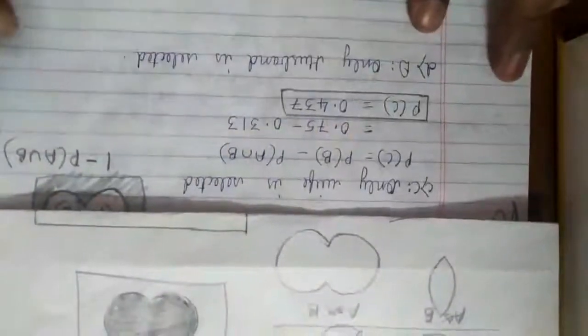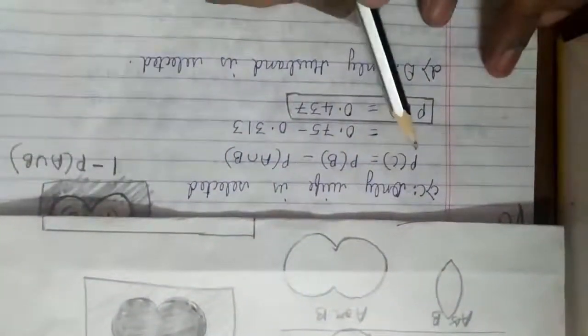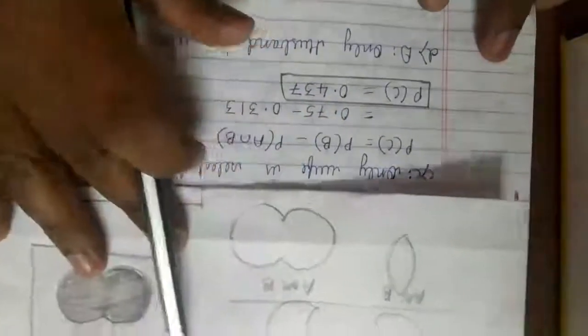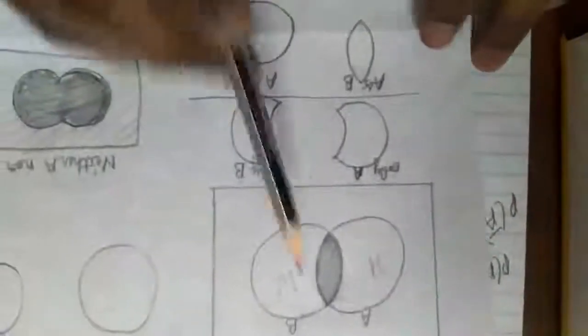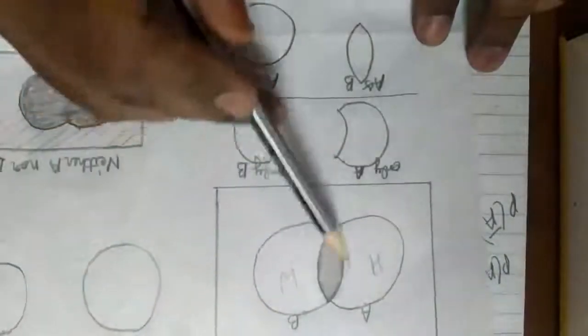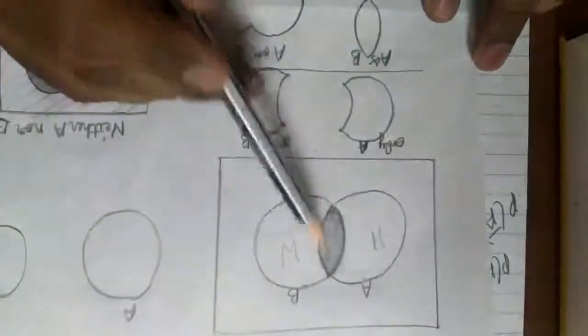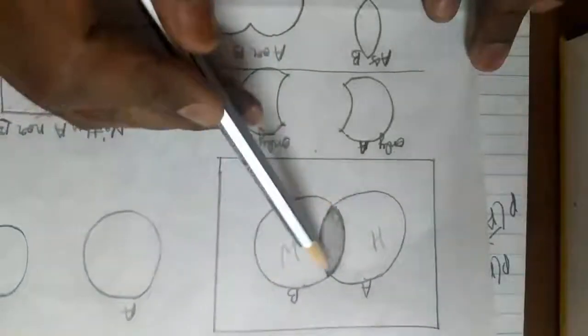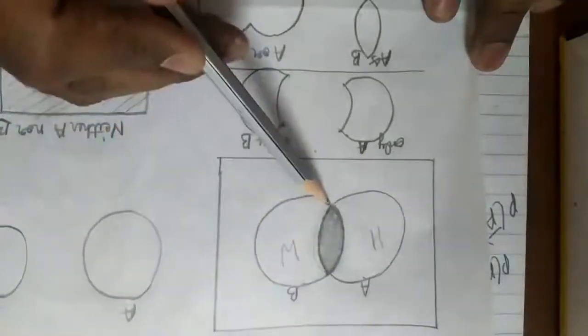Now the third question comes like this. Only wife is selected. Probability of C is equals to only wife is selected. See, only wife is selected means this represents wife is selected. Both are selected. So from wife is selected, that is probability of B, if you reduce both are selected, that means intersection.